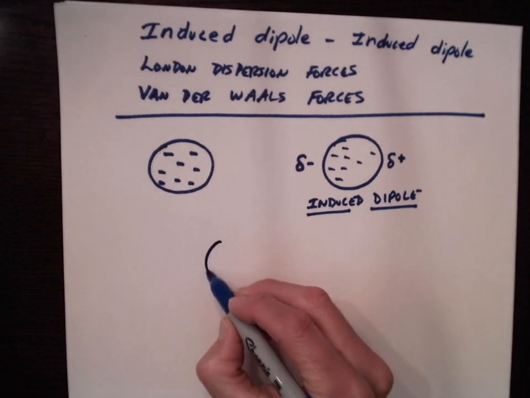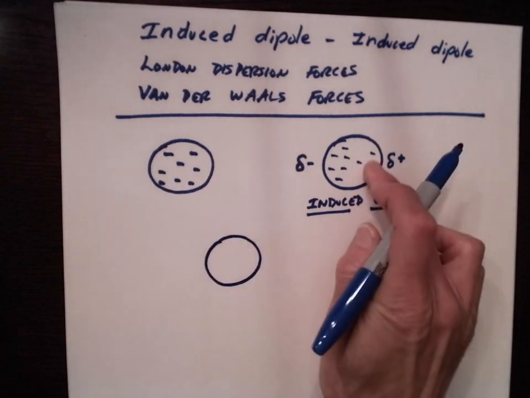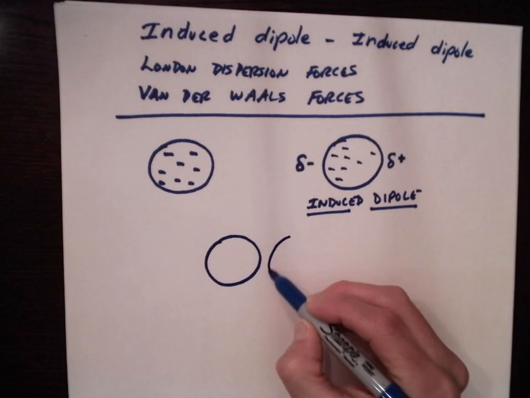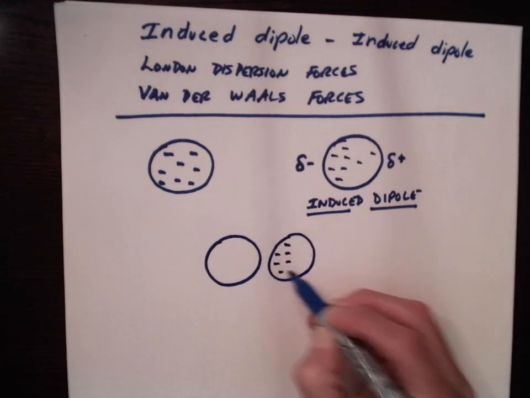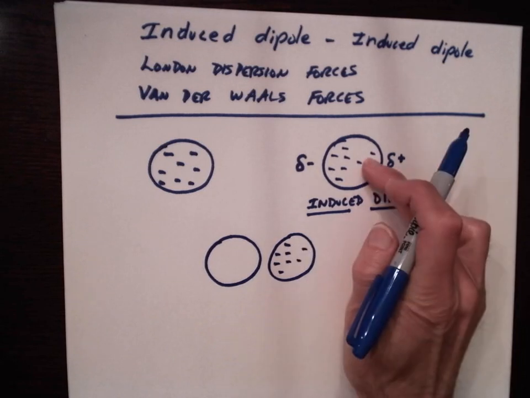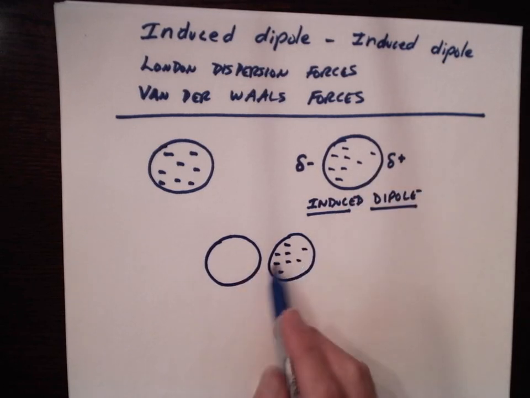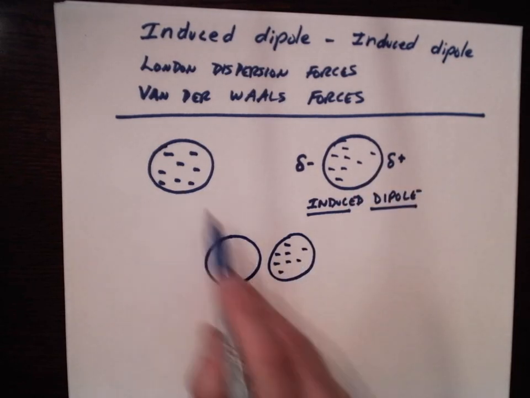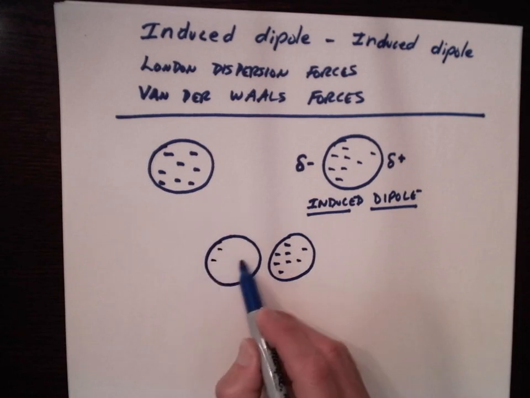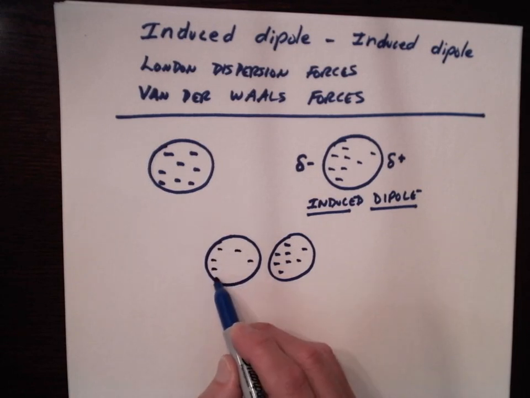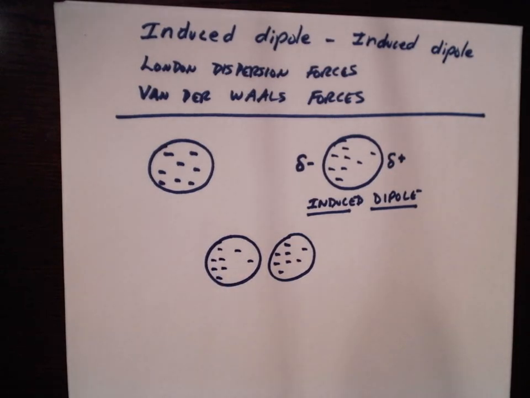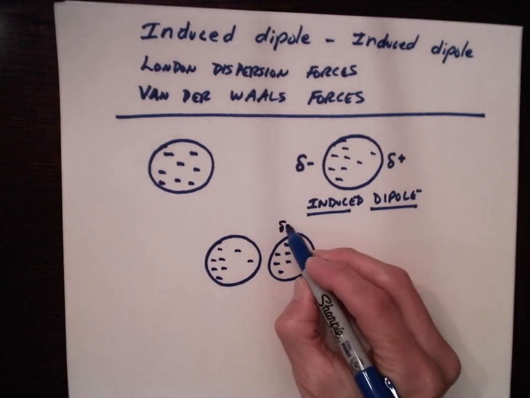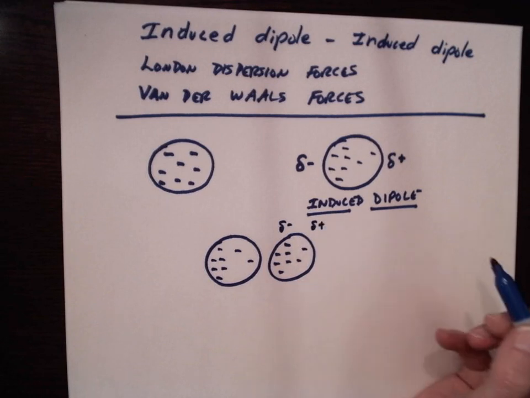So what I would draw here is the following. As this comes close to this, it's going to look something like this. Let's put our 1, 2, 3, 4, 5, roughly 6. That's representative of this. Here, with these electrons close to it, the electrons over here are going to want to move away. Of course, not all of them. 1, 2, 3, 4, like that. So this has a partial negative and a partial positive like this.